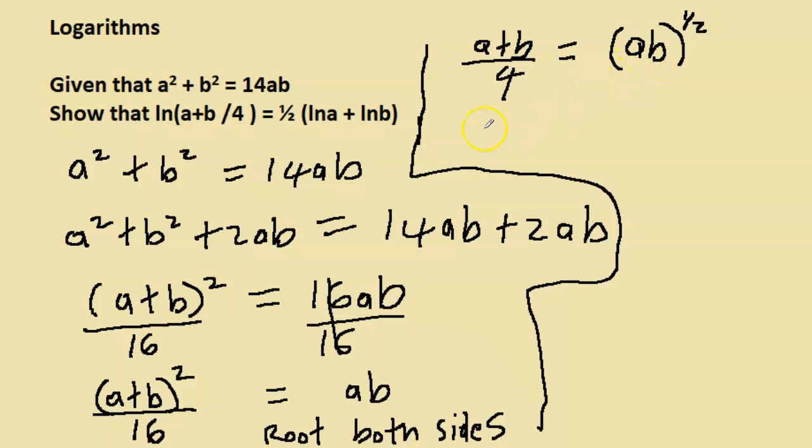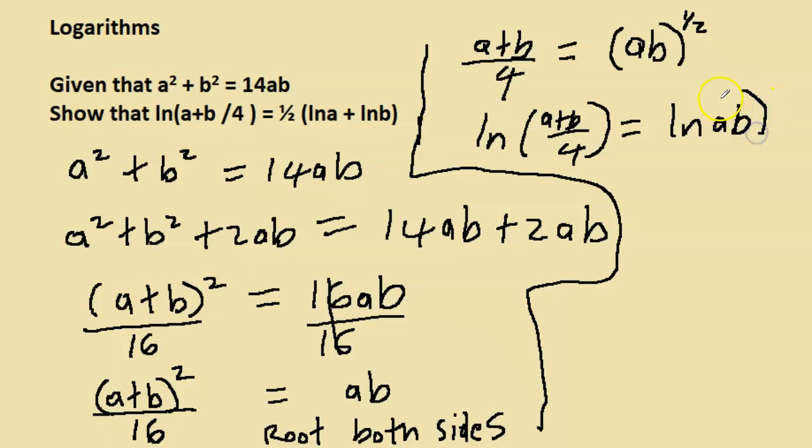And then we can take the log of both sides, ln both sides. So we take the log of this side, so it's ln of (a plus b) over 4, which is what the proof says. And then we take the log of the right hand side, so we have ln of (ab) to the power of a half.